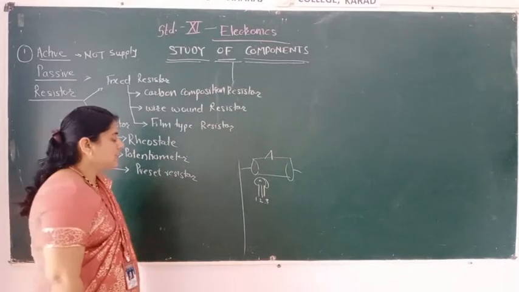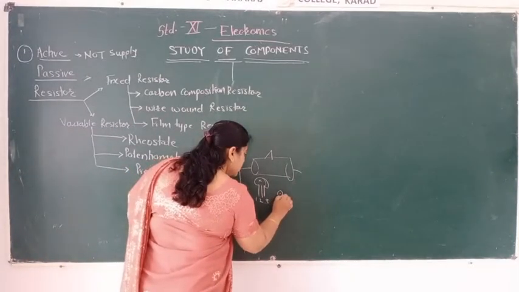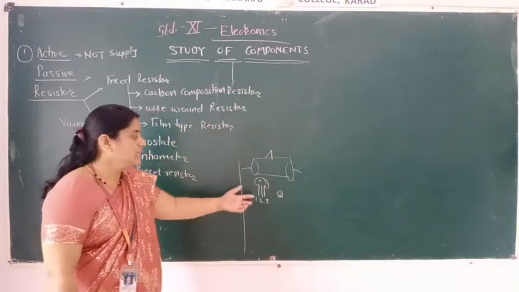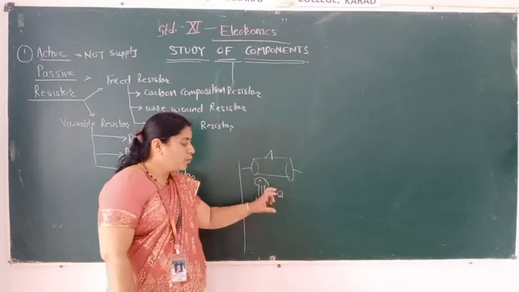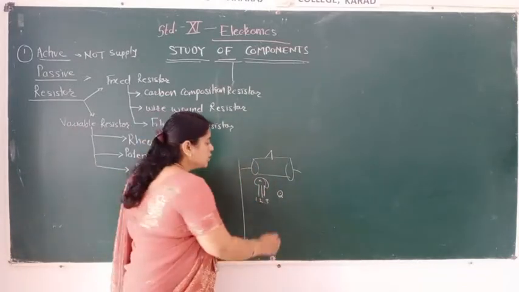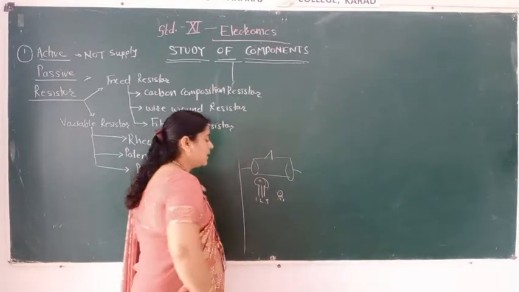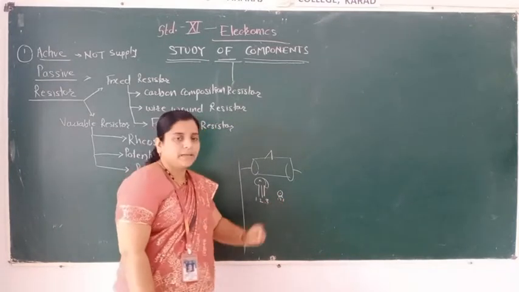Next is the preset resistor. It is a tiny resistor, comparatively very small in size, with a very small value. To adjust it, you can use a screwdriver. It also has three terminals: 1 and 3 are the fixed terminals, and 2 is the variable terminal.